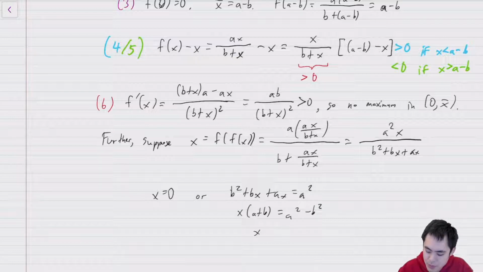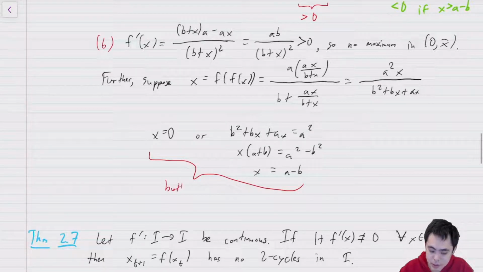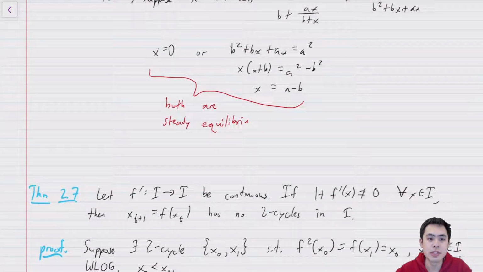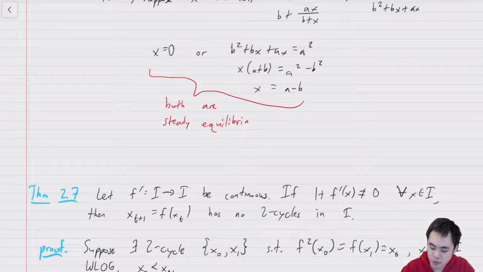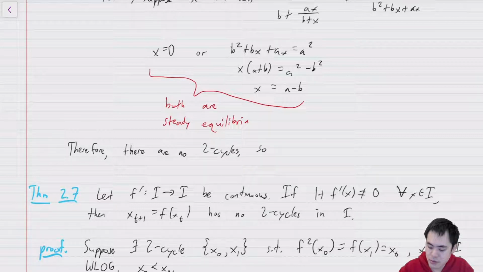Factor out the a plus b: x is equal to a minus b. But of course, these are both our steady states already. So they're already our equilibria, and so we don't have any 2 cycles. Therefore, there are no 2 cycles. So x bar equal to a minus b is a globally asymptotically stable solution.